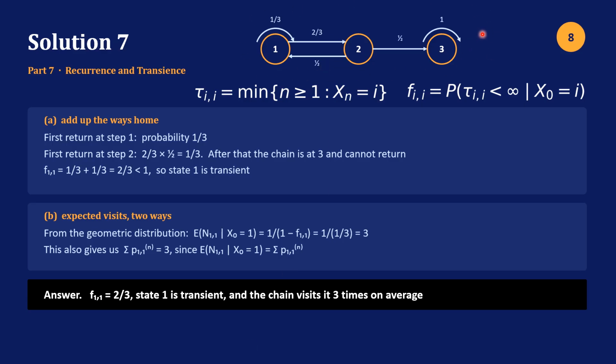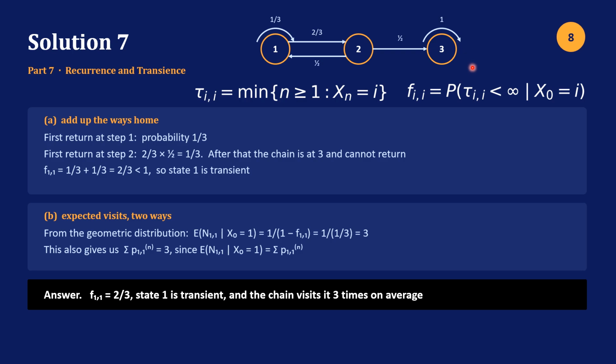This is the Markov chain from the previous slide, and this was the definition of f_{i,i}. It's the probability that the minimum return time, tau sub i, is less than infinity. If you recall, this was a bit tricky to compute.